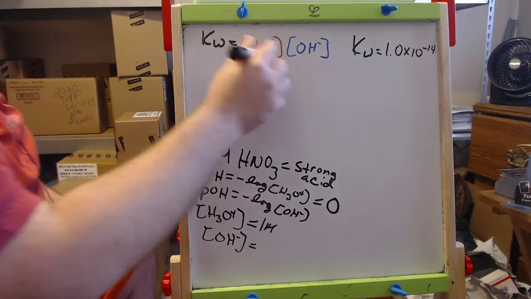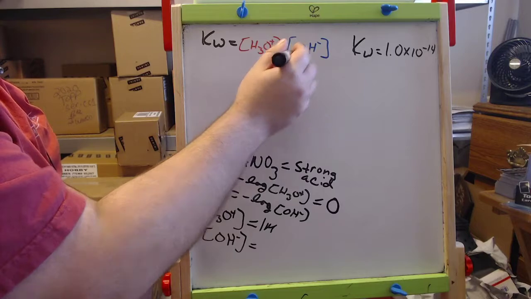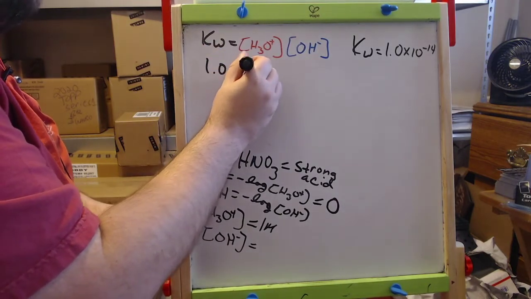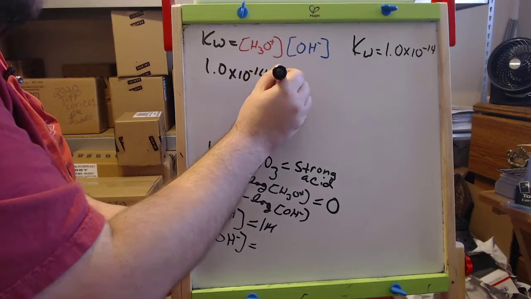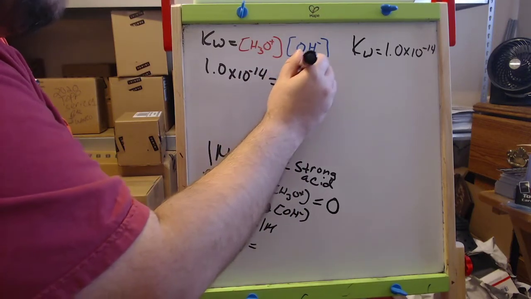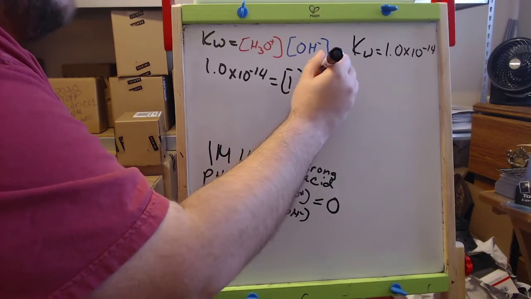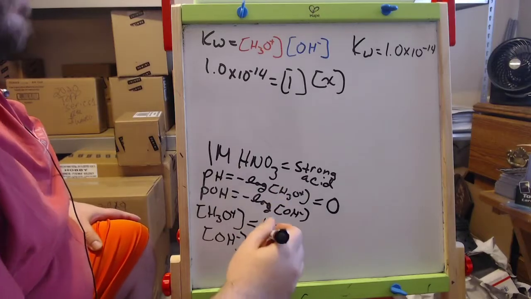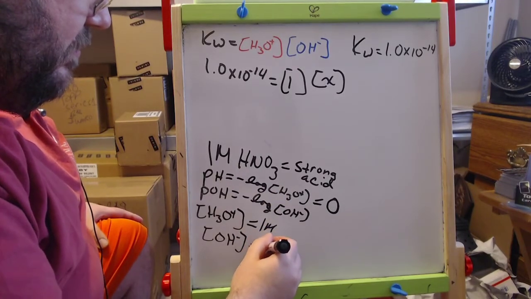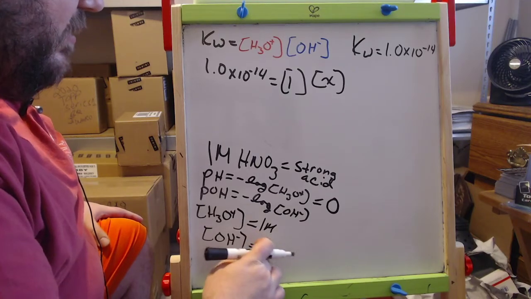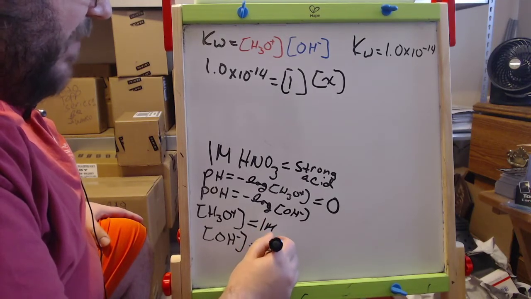Okay? So, to find the concentration of OH minus, I come up here and use this formula. 1.0 times 10 to the negative 14th equals the concentration of H3O plus, 1, times the concentration of OH minus, which I don't know. So, I find out that it is 1.0 times 10 to the minus 14th if I do the math up there.